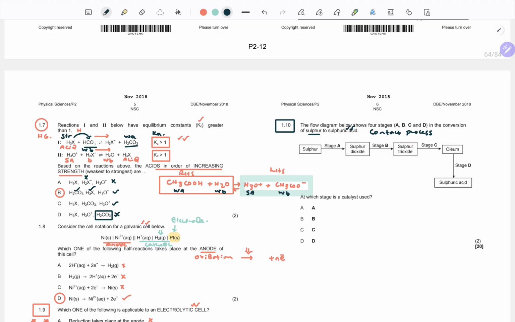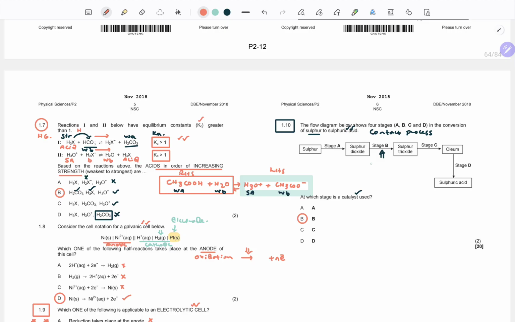So it says, at which stage is a catalyst used? Again, this is a standard grade question, if not a lower grade question. It's either you know or you don't. So obviously the second stage is what we call a catalytic oxidation of sulfur dioxide gas. So this is B. And at times they used to ask what catalyst is used.